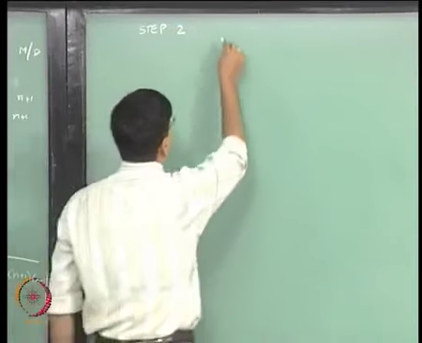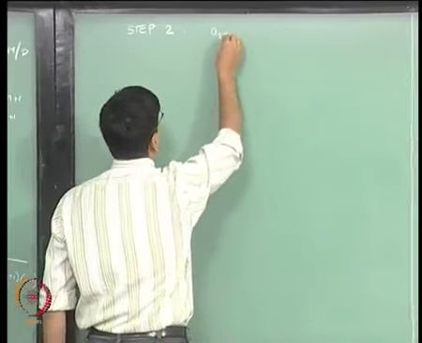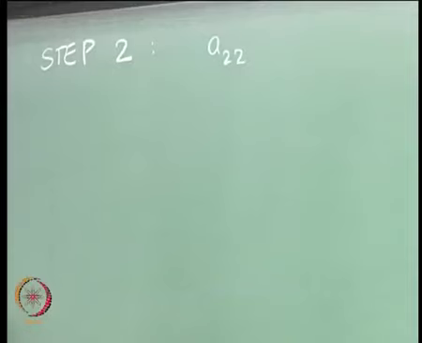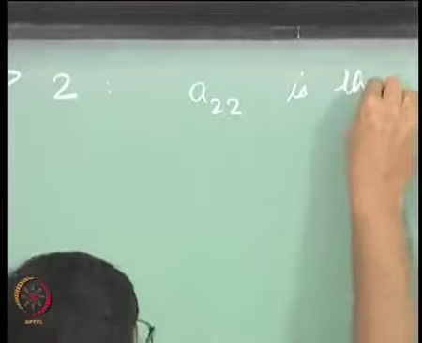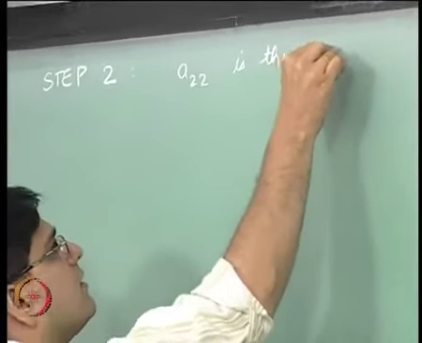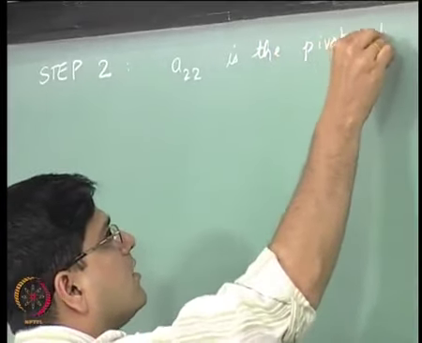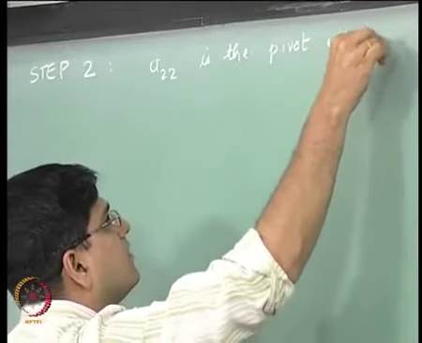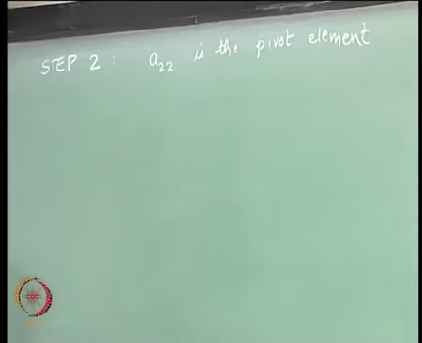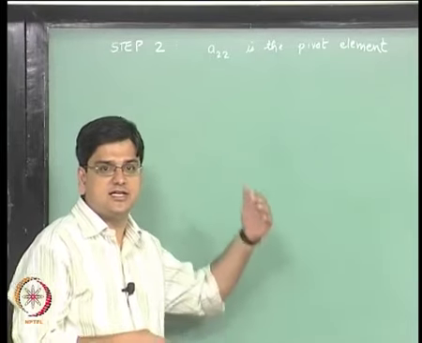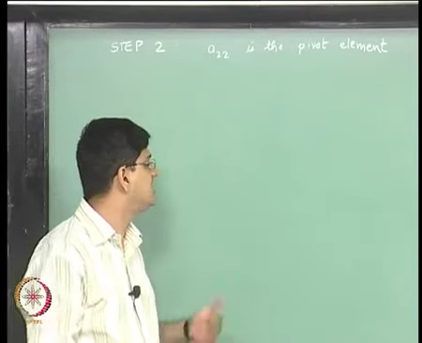In step 2, A22 is the pivot element. Keep in mind that when we write the algorithm for the Gauss elimination method, we do not create separate A matrices at each step. That would be extremely inefficient.